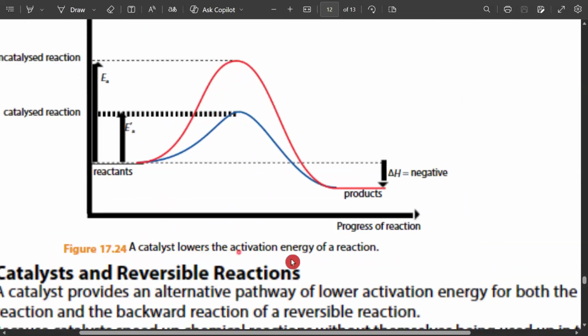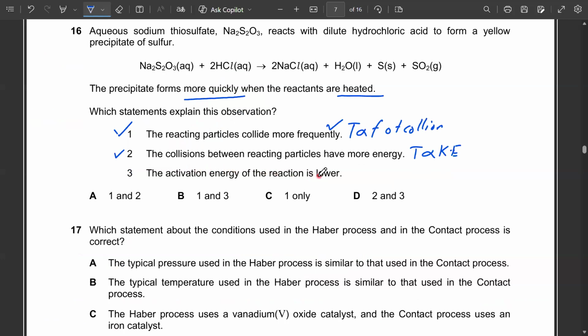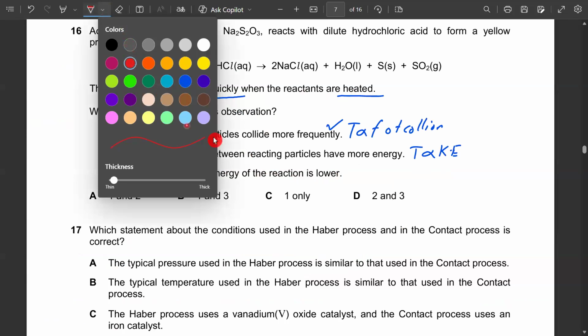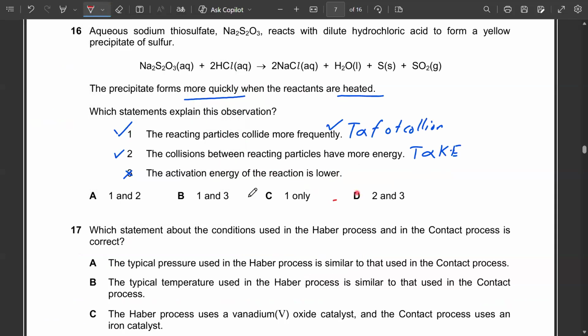A catalyst lowers the activation energy of the reaction. So we can now apply this concept to the question. The question says the activation energy of the reaction is lowered by heating. So that is incorrect. Activation energy is lowered by the catalyst, not by the heating. So the first and second statements are correct. So the correct option is A. I hope it's clear.